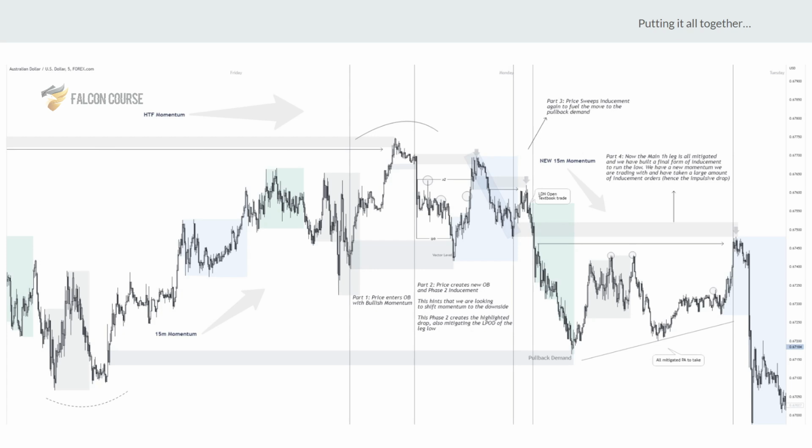But looking at it from a buyer's perspective, where you have your little notation, all mitigations PA today, just above that would look like inducement to me for buyers. So it would look like probably a reversal back, because that's a higher time frame demand, pullback demand, isn't it?